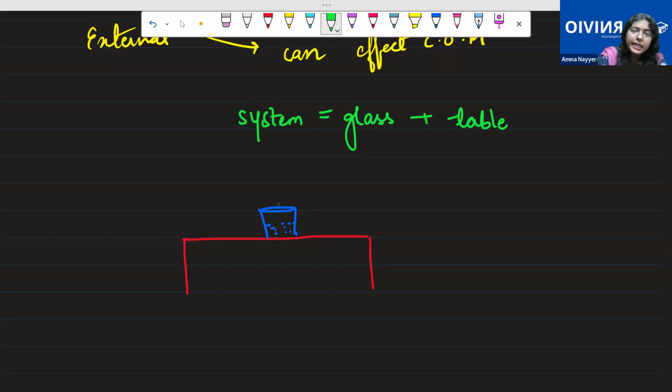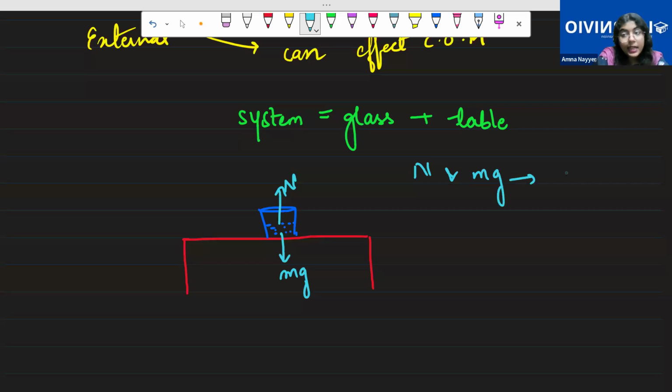Now the gravitational force acts on the glass and on the table, or the table exerts a normal reaction on the glass. All these are part of the system only, so N and N' will act as internal forces.